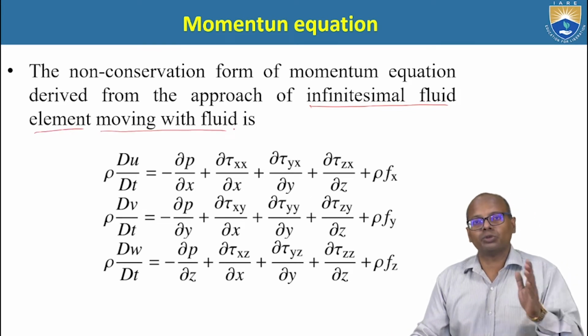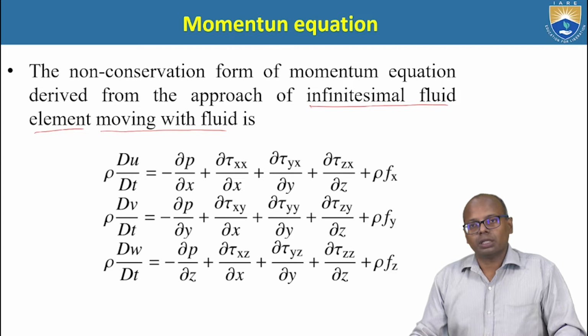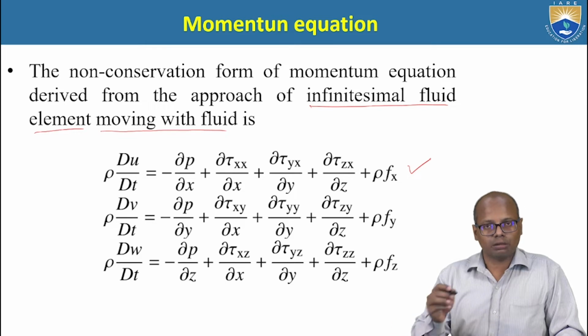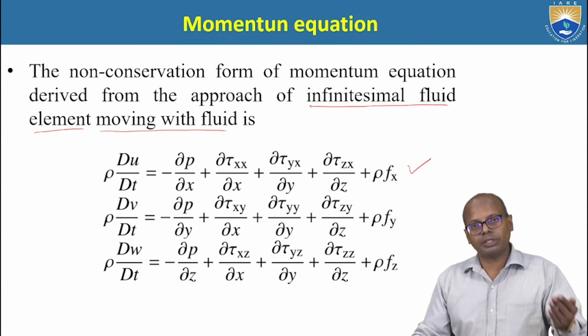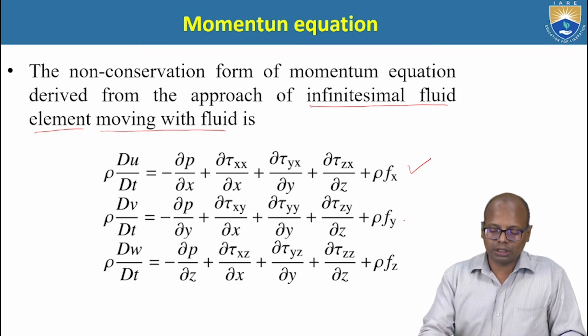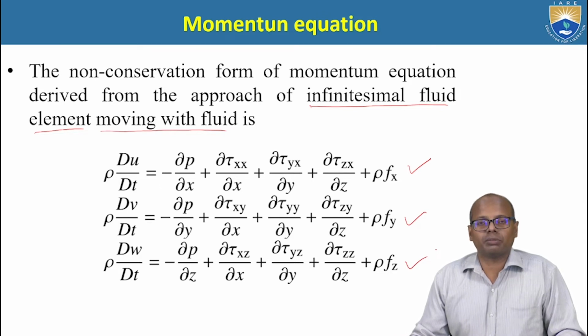Okay, if I use this infinitesimal fluid element moving with the flow, then I will get a partial differentiation form, but which is a non-conservative form. What we desire is a conservative form. What we get is a non-conservative form. Now how to convert these three equations into conservation form, that we will see now.